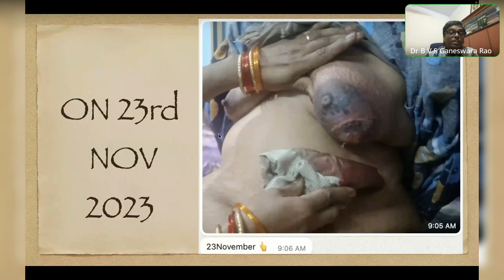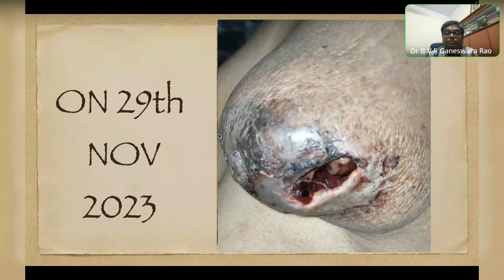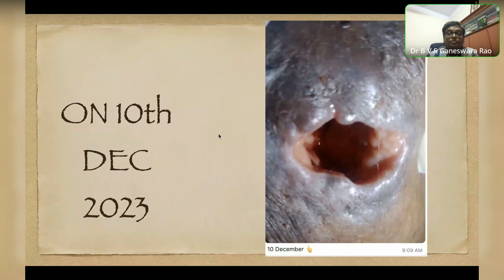Then 25th November, this is the state. Then 29th November, then 3rd December, and then 10th December. You can see gradual changes happening.